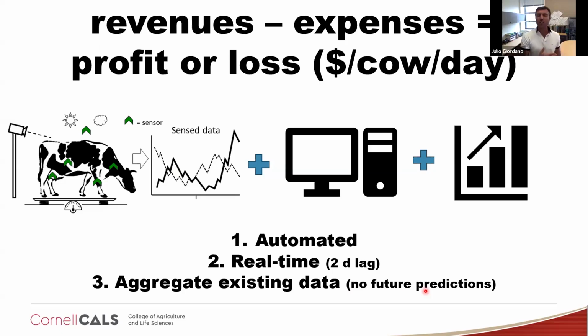Those of us who work on this all want to predict the future as far as we can. But we focus so far on just aggregating existing data because we are convinced that aggregated existing data can be valuable for farms. There are multiple uses of this aggregated data, so that, despite not having an idea of what may happen in the future, farms can make better decisions.